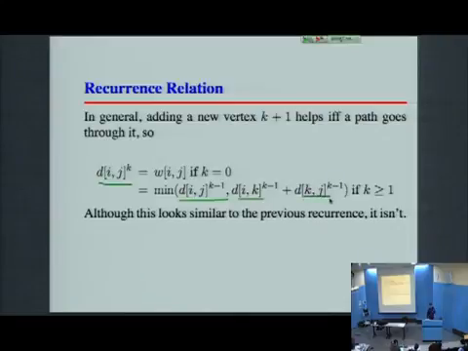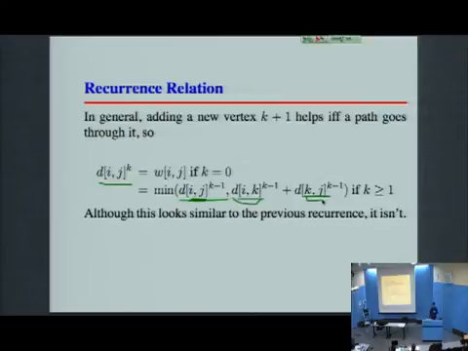Does everybody see that if I'm allowed to use only the vertices less than or equal to k as intermediaries, the shortest path from i to j is either going to not use vertex k at all, or it is going to go through k, in which case the cost of that path is the cost of going to k plus the cost of going from k to my destination.